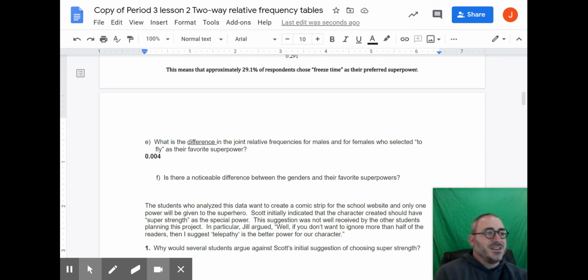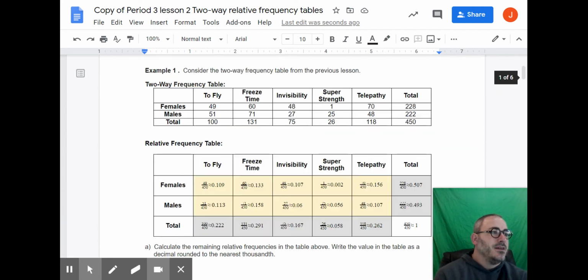Is there a noticeable difference between the genders and their favorite superpower? Is there no difference between the genders and their favorite superpower? Well, let's see. What would I say about males? I would say the most popular superpower for males was freeze time. The most popular superpower for females was telepathy.